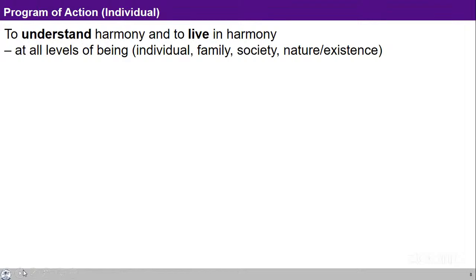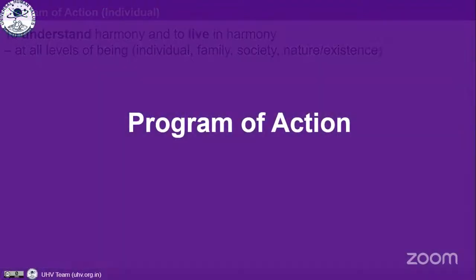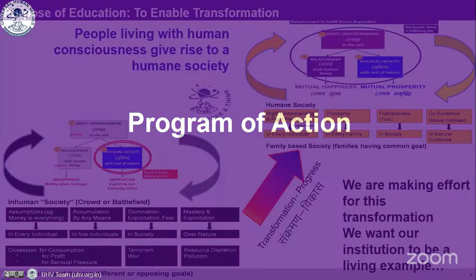We can think about our own transformation. What do I need to do? To understand harmony and to live in harmony at all levels of being: individual, family, society, nature, and existence.